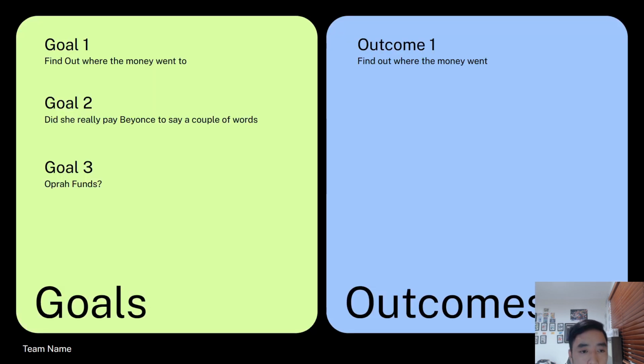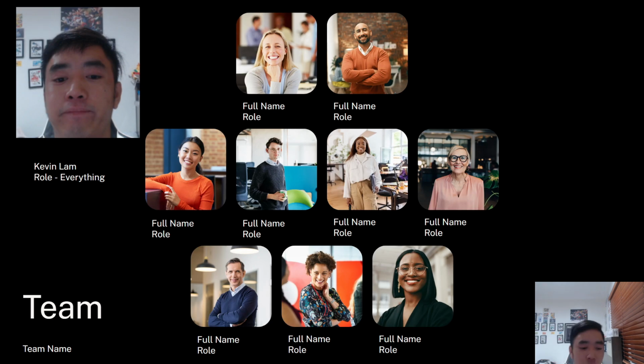Goal 1 is to find out where all the money went. Goal 2, did she really pay Beyonce? Goal 3, and Oprah funds. And the outcome is I want you guys to know where most of the money went. The team is just me. I don't know where all these people come from, but it's just me.